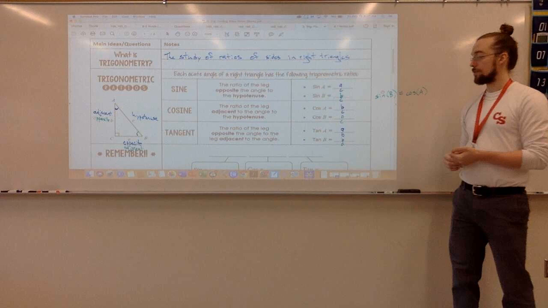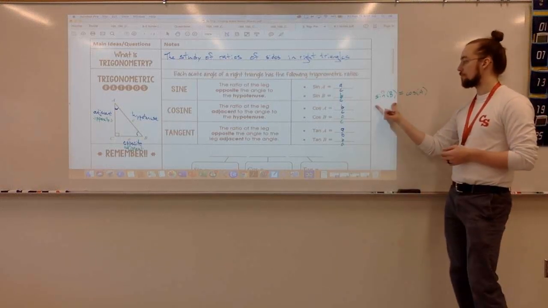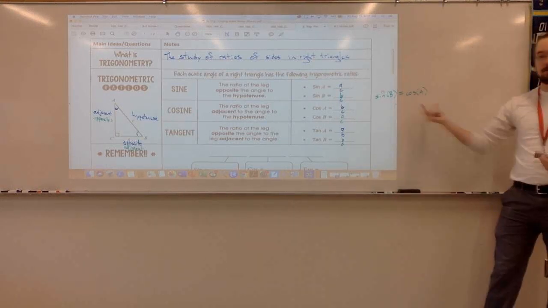But for sine and cosine, one of the acute angles is equal to cosine of the other one, and vice versa. Cosine of angle B would equal sine of angle A.